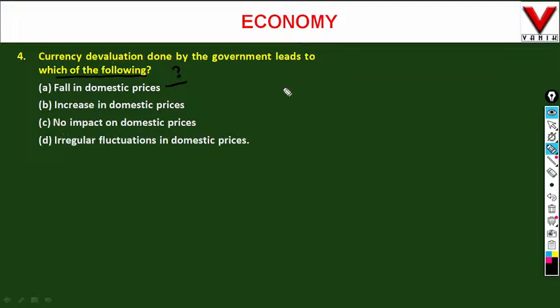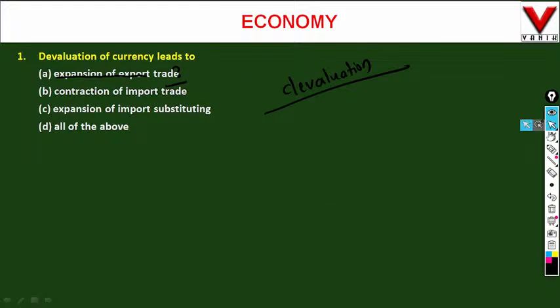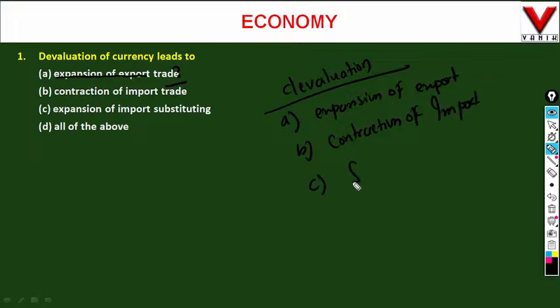What I told earlier, what is the effect of devaluation in the first question? If we just switch back to the places, it does what? It does expansion of export, contraction of import, and substitution of import.